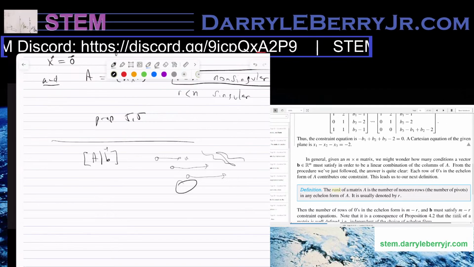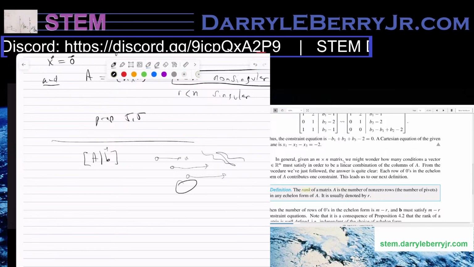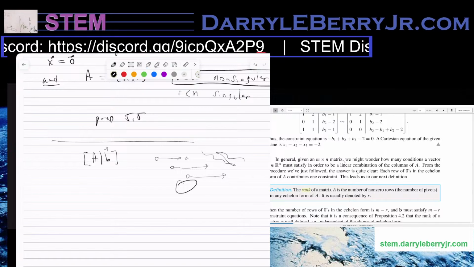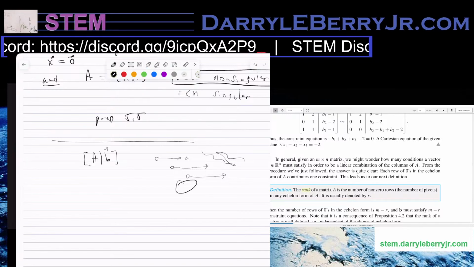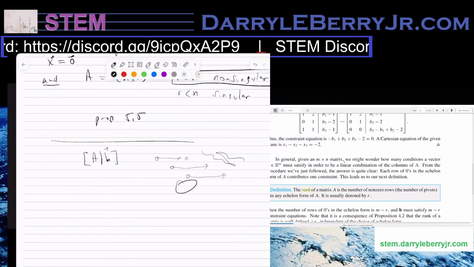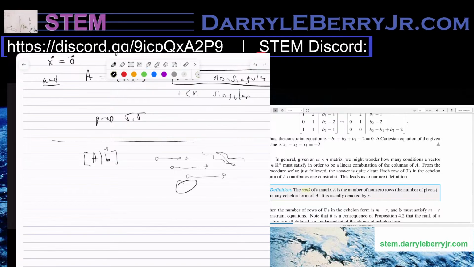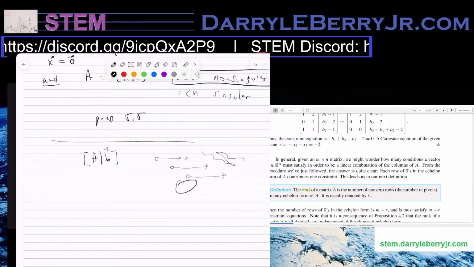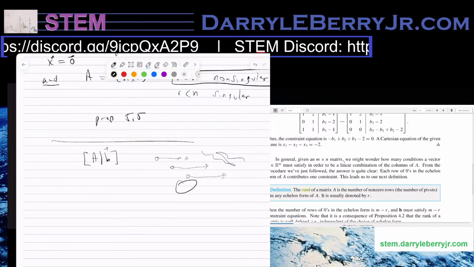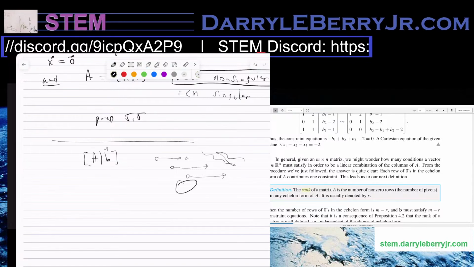All right. In general, given an m by n matrix, you might wonder how many conditions a vector b in Rm, so b has as many rows as the matrix has rows, must satisfy in order to be a linear combination of the columns of A, because all the columns of A add up to make that vector b.